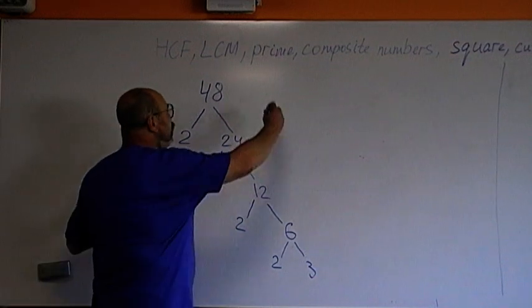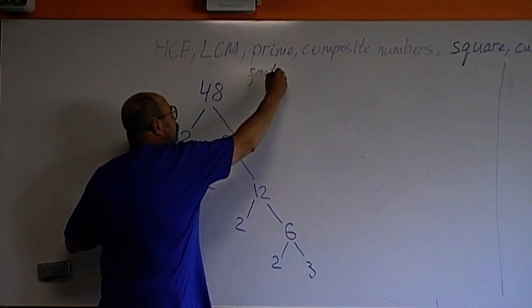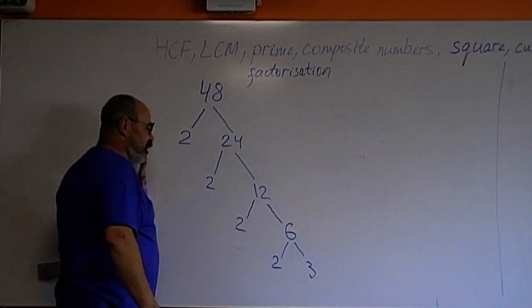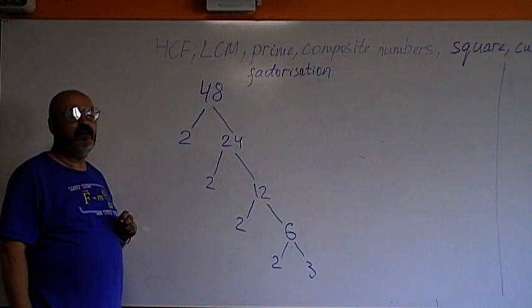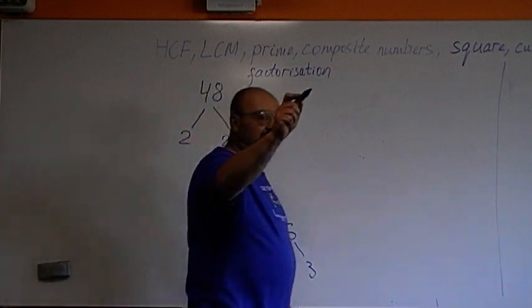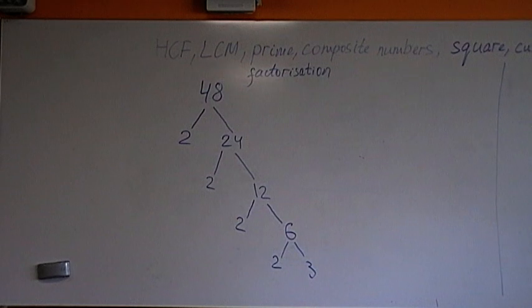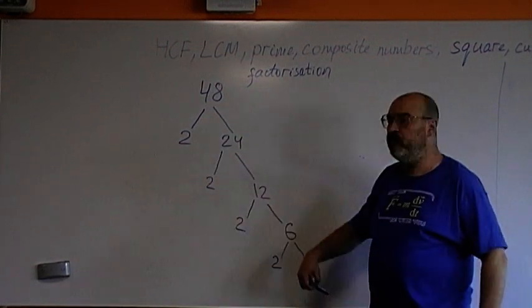And this is the factor tree to do prime factorization. So that's how we build a factor tree and find prime factorization. So we stop as soon as we get to a prime number, we stop.